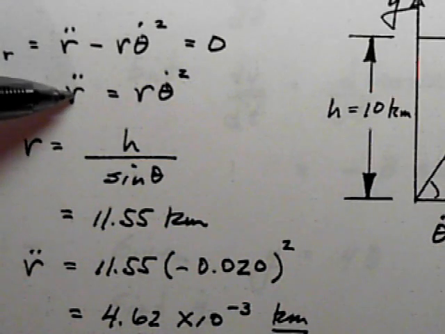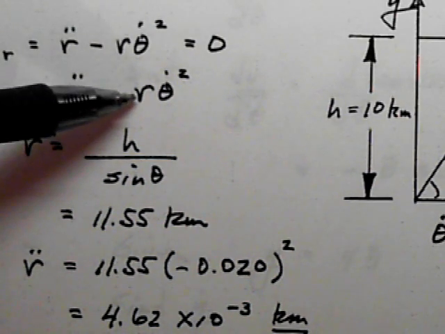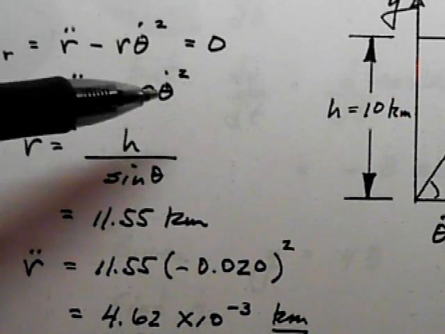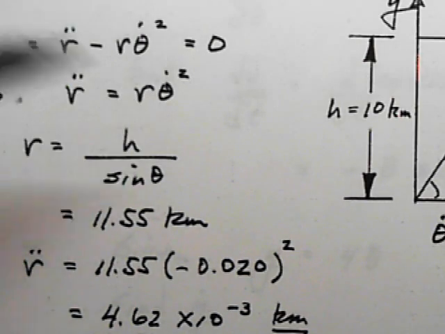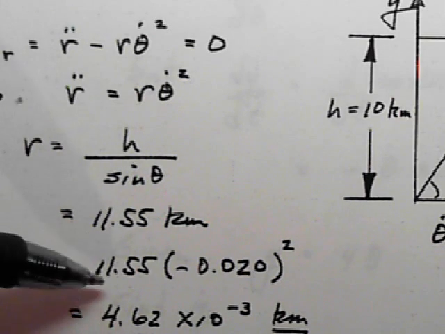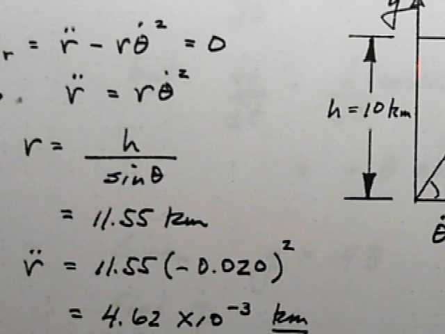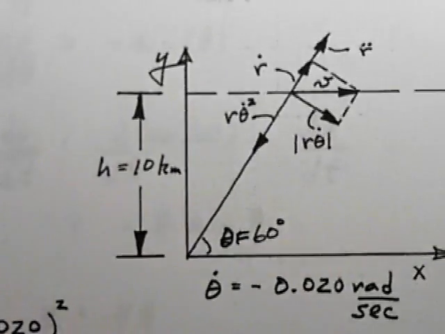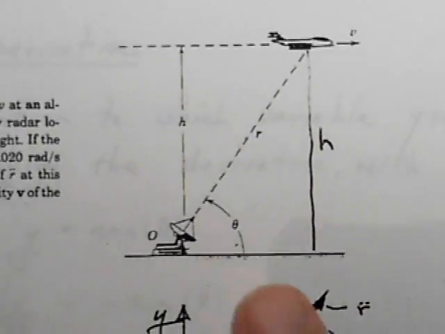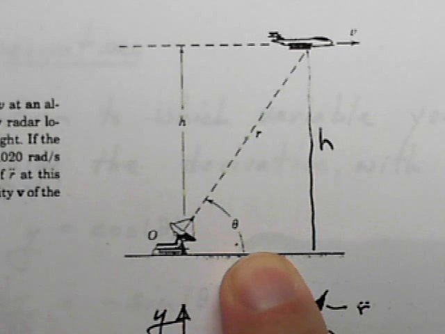Now, from our equation where we're hoping to solve for r double dot, we now know r. Now, theta dot was given to us in the problem, the 0.2 radians per second. So we now know both of these pieces. So r double dot is 11.55 kilometers times, and we can see from the picture that if the airplane is traveling forward, theta must be decreasing.